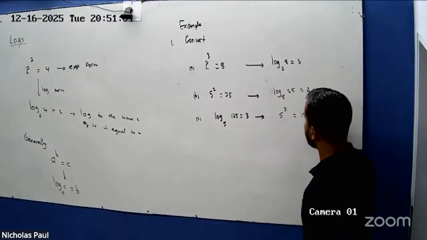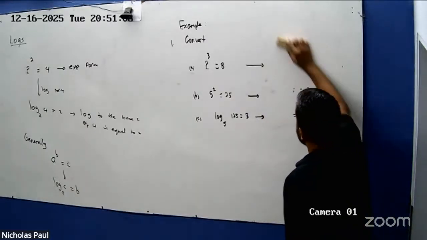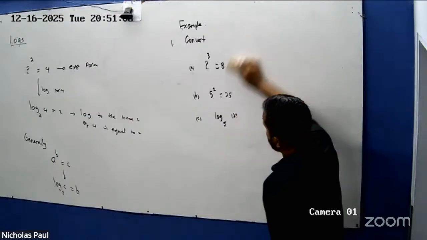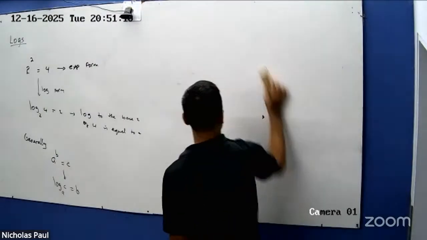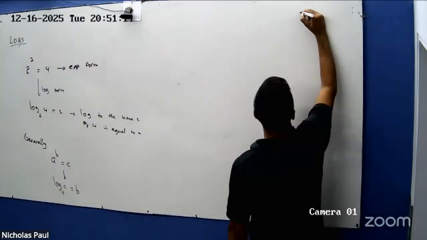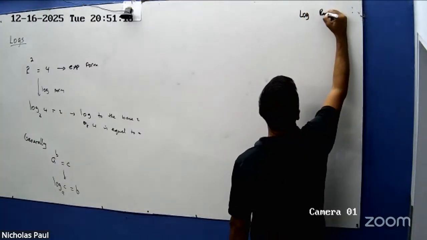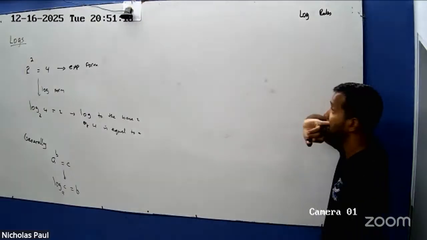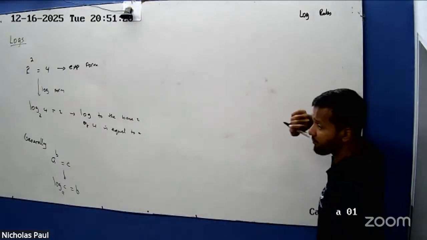Next, we want to take a look at the log rules. I'm going to put them in the corner here because we're going to use them afterwards anyway. So your log rules are just like indice rules that you can use in logs.